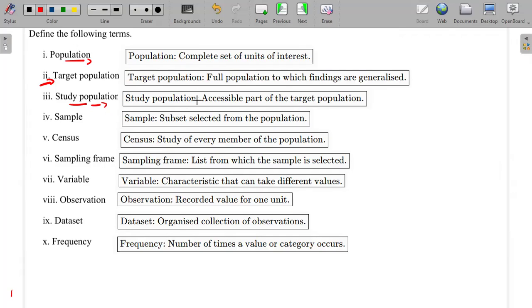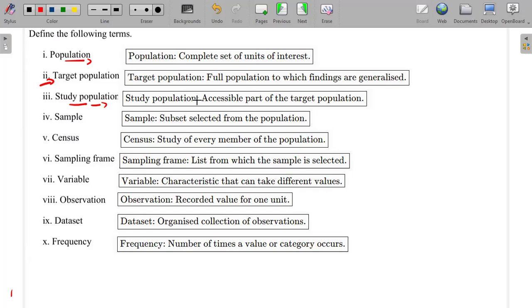All the adults in Zambia may be our target population because we want to study hypertension among all the adults in Zambia. Now, for that particular case, the study population may just be the adults attending selected hospitals in Lusaka. That would be our study population, the part that we can easily access.